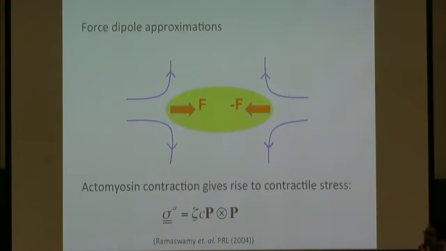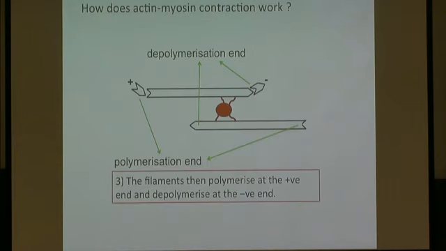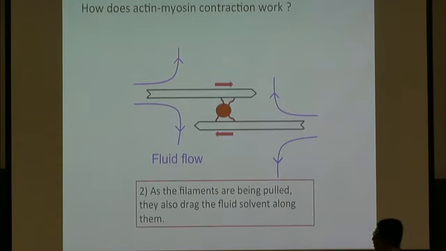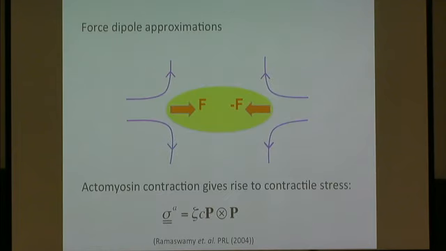Because if you look at this thing, this looks quite similar to the fluid flow generated by a forced dipole like this. So if you take the average of these forced dipoles, you get an extra stress in the hydrodynamic equation. So this is the active stress.